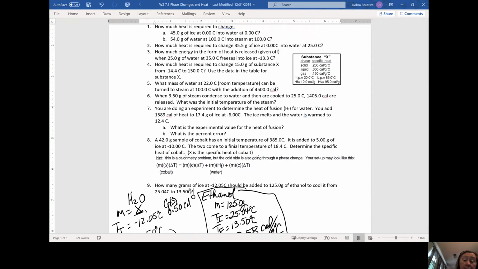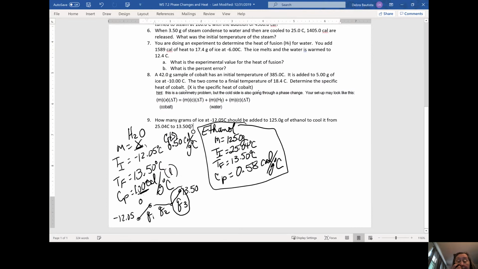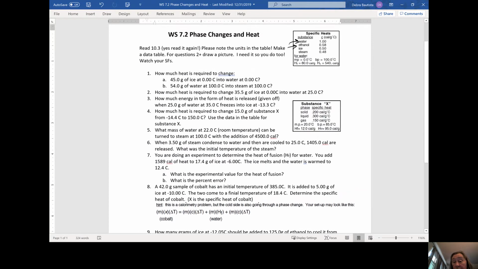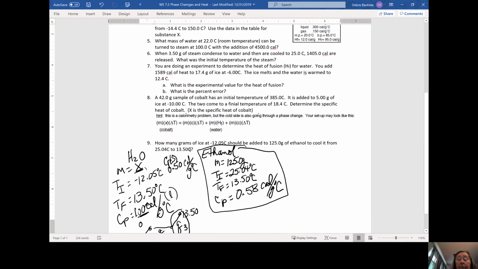And then we need to do the phase change. For Q2, I'm going to need the heat of fusion for water, which would be this value here.